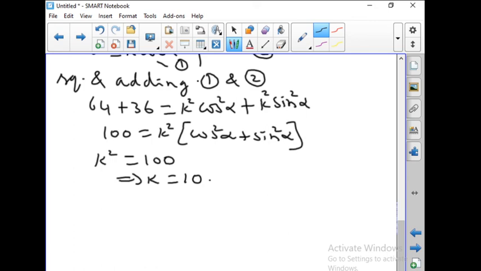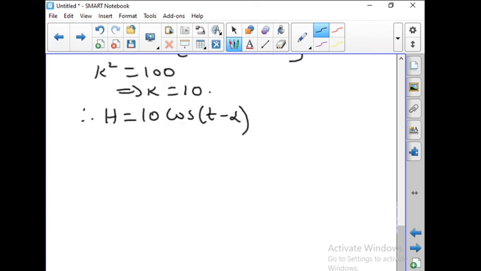Okay. So therefore, what is h now? So h is equal to 10 cos of t minus alpha, and also from this we can take 2 divided by 1. So what you get when you divide 2 by 1?